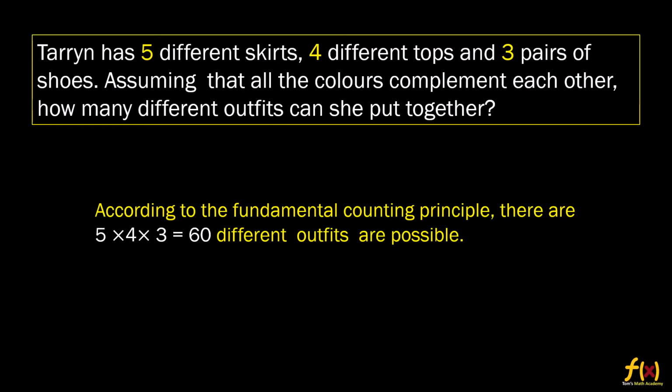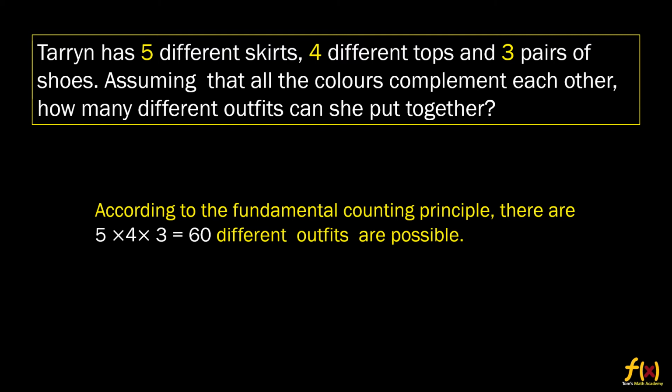Look at this example. Tarin has 5 different skirts, 4 different tops and 3 pairs of shoes. 5 skirts, 4 tops and 3 pairs of shoes. Assuming that all the colors complement each other, you can use any color.